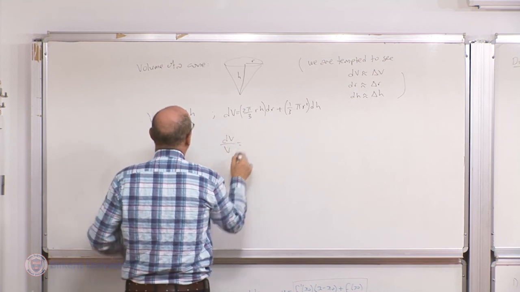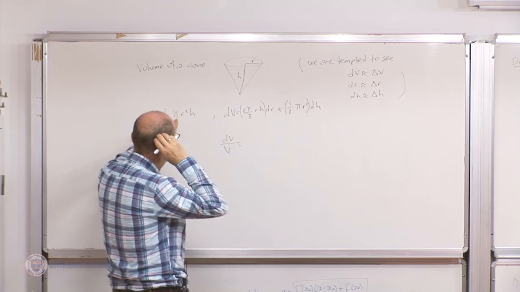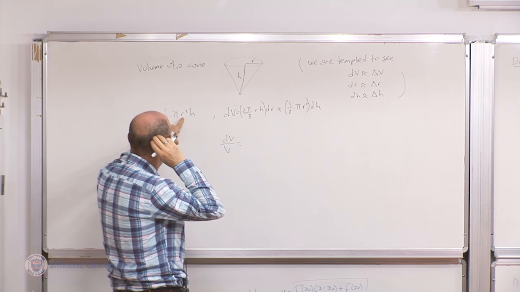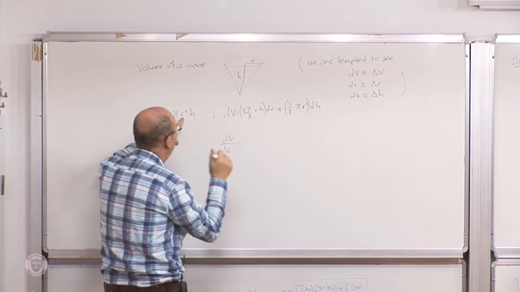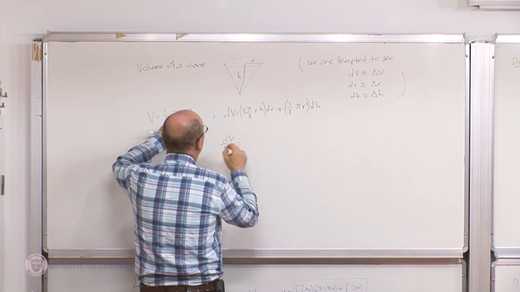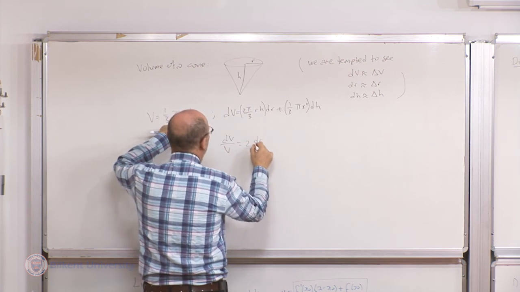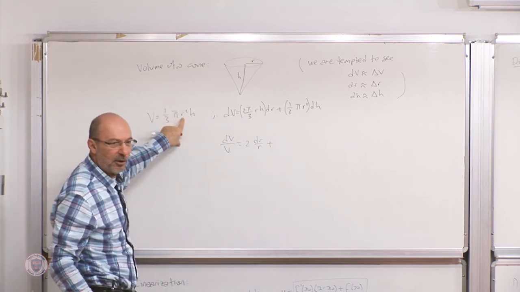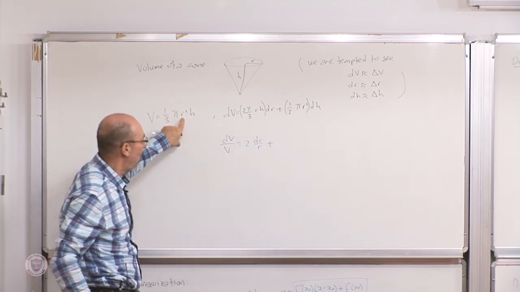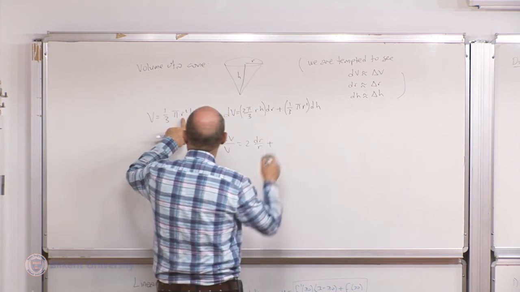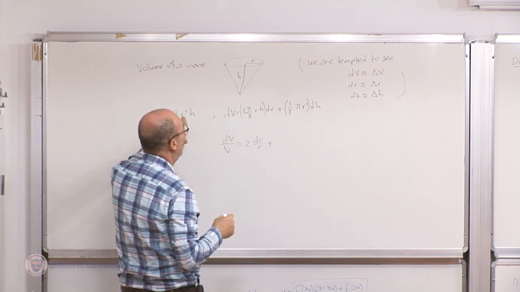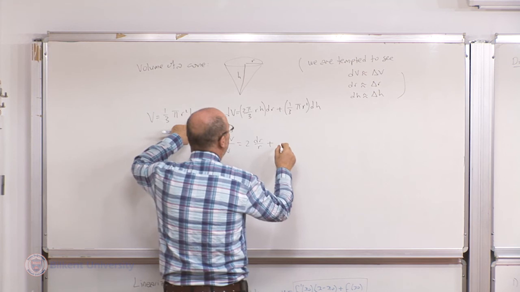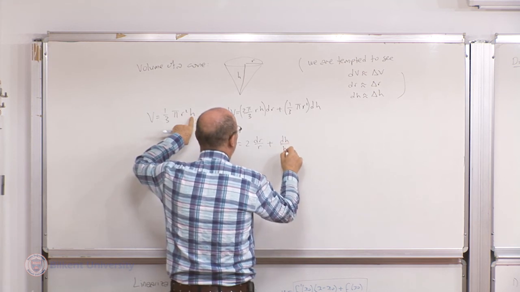dV over V. The 3's will cancel, the pi's will cancel, and h will cancel. I will have 2 dr over r. Correct? You are checking, I'm trusting you. And now when I divide this, pi r squared h remains, so dh over h.